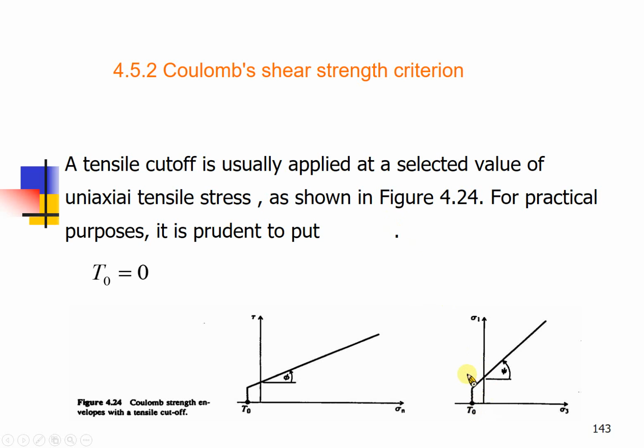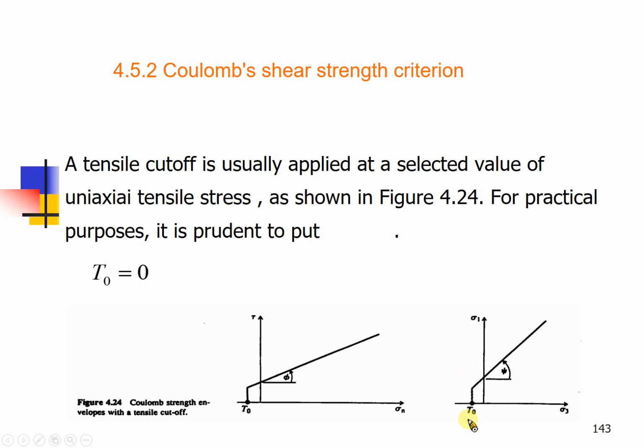Okay? When you get the T0, then you draw a straight line equal to T0, and intercept it with the failure criterion, then this will be the complete failure envelope for rocks. Understand? We usually call it tension cutoff.